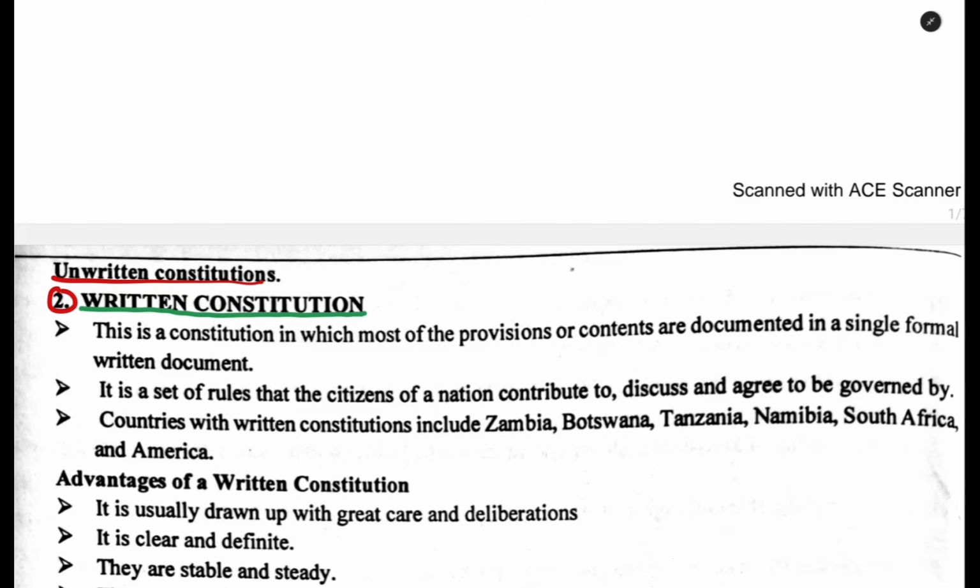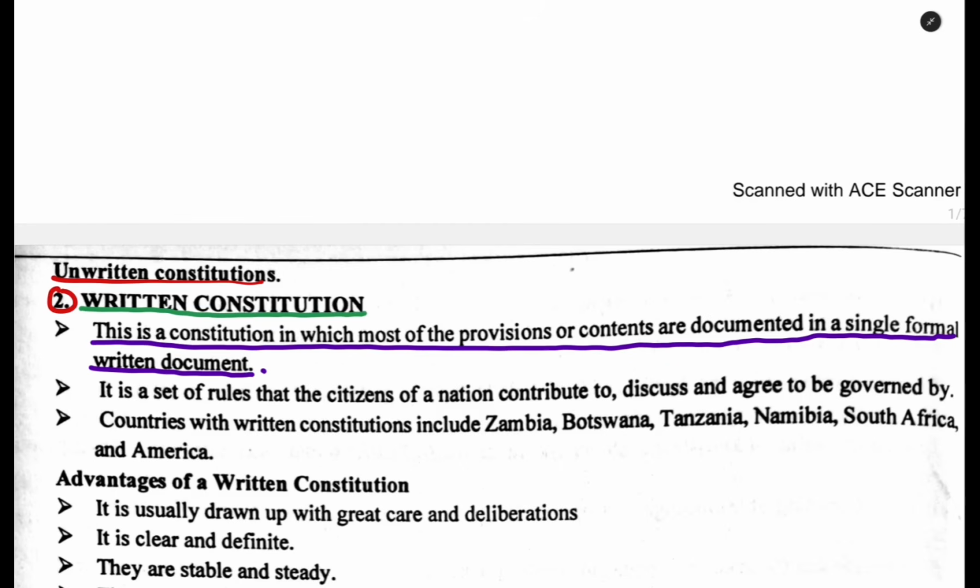So therefore, a written constitution we can define as a type of constitution in which most of its provisions and contents are documented in a single formal document. Single formal. This is a very important term, which means it's formal. Okay? It's supposed to be obeyed by everyone.